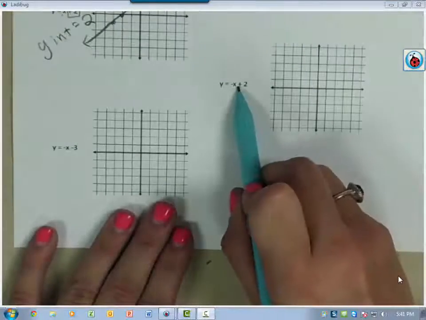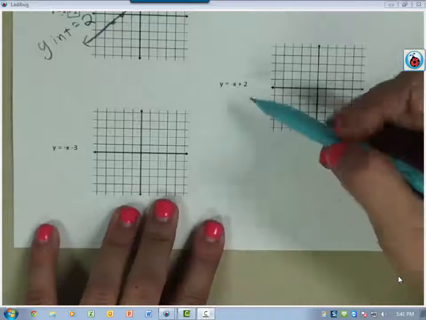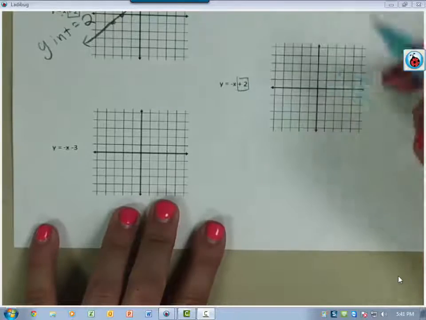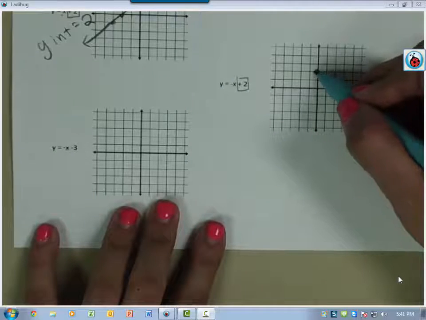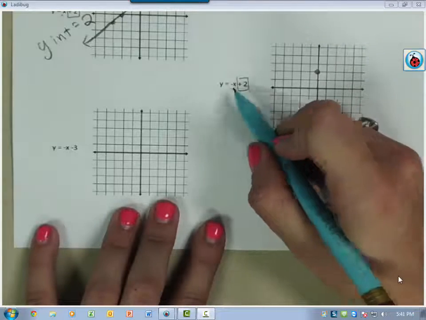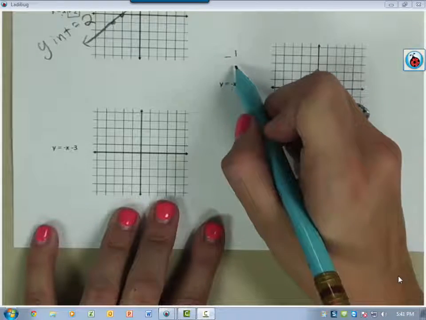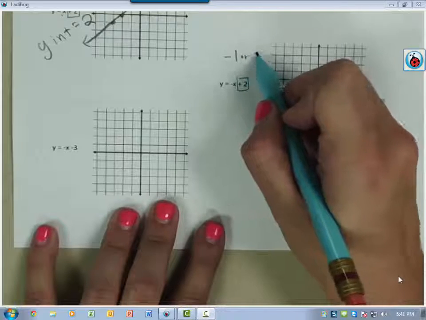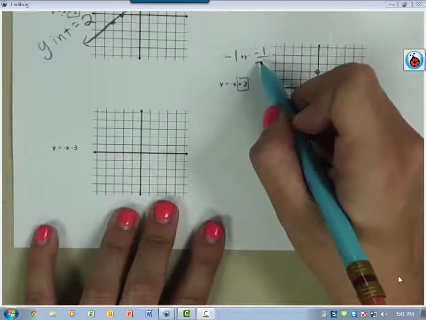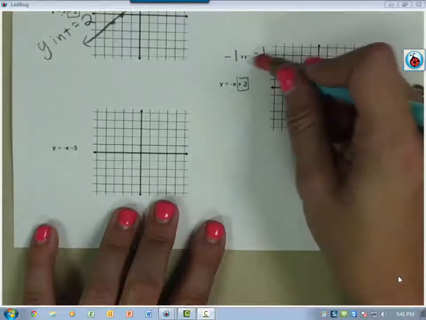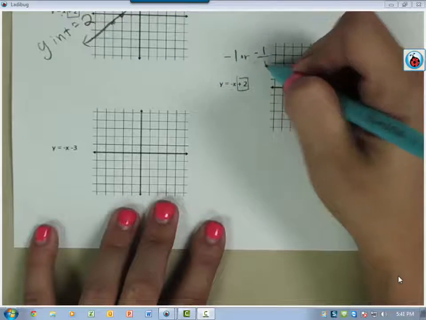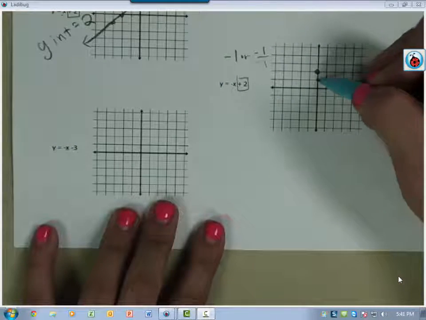Alright, what happens if there's a negative x? Well, let's figure out where it crosses first. It crosses at positive 2, so it still crosses right here. But it's a negative x, so that means there's going to be a negative 1 over 1. So that means it's going to go down 1 because the negative 1 says down 1, then over a positive 1, down 1, over a positive 1.